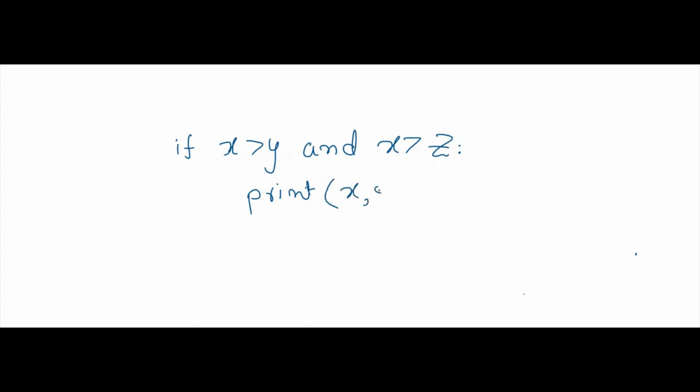So let's say I have a variable x and I want to check, this is my condition, if x is greater than y, and x is also greater than a variable z, then I want to print the value of x, and then print "is largest".